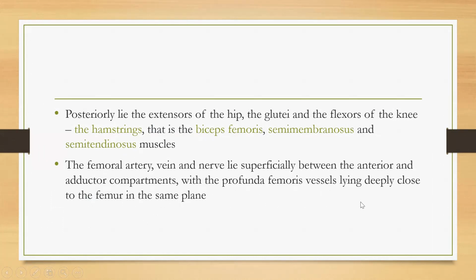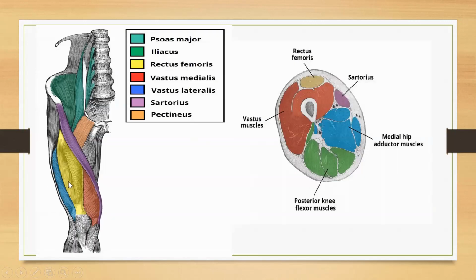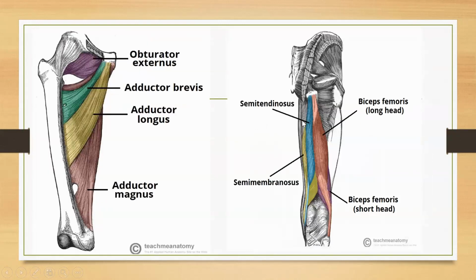in the same plane. This picture shows us the anterior compartment group. This is the quadriceps femoris, and this is the sartorius, this is vastus medialis, vastus lateralis, and the rectus femoris. And this cross-section shows us the anterior muscle group: rectus femoris, and the vastus medialis, vastus lateralis, vastus intermedius, and this is the posterior compartment, and this is the adductor or medial compartment.